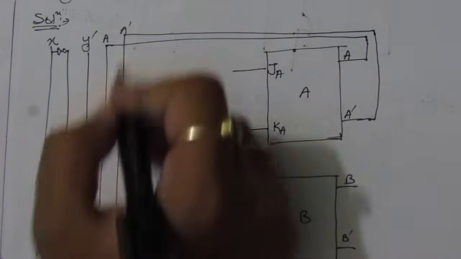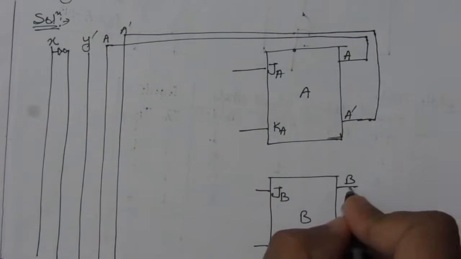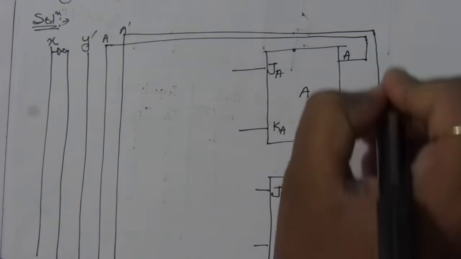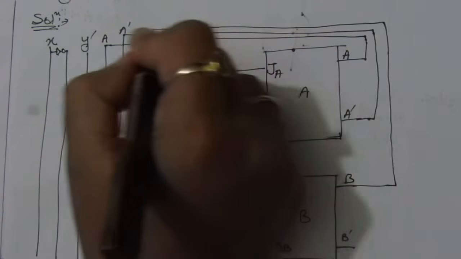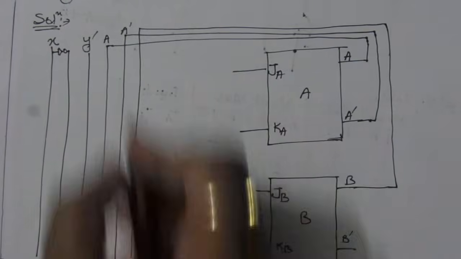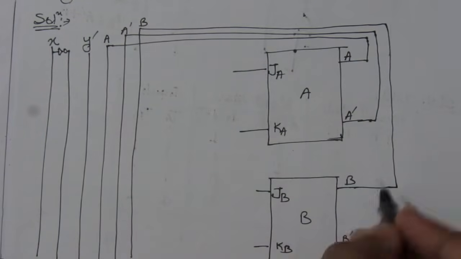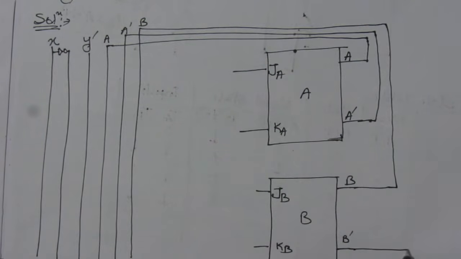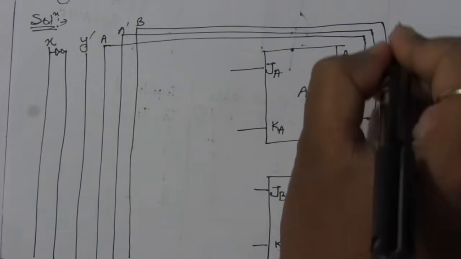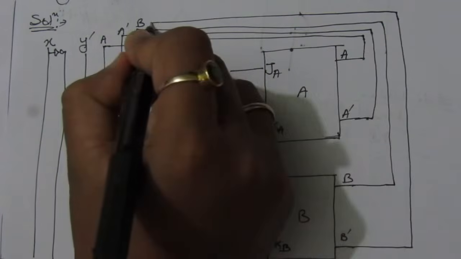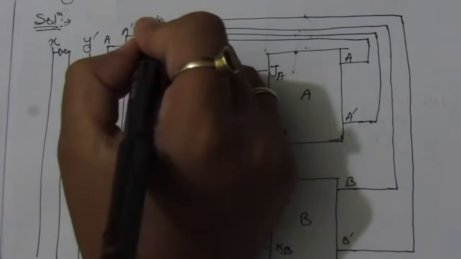I am drawing these lines towards the input to make the circuit easier. So this line is for B. Then we have B complement, so let me draw another line. This line is for B complement.